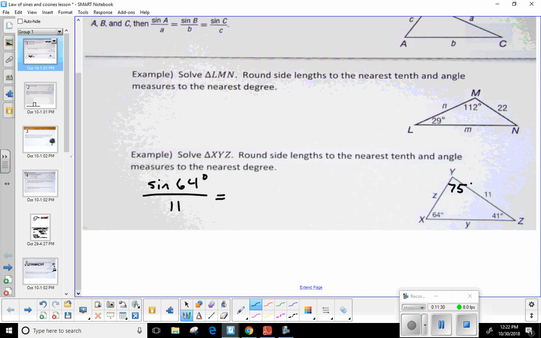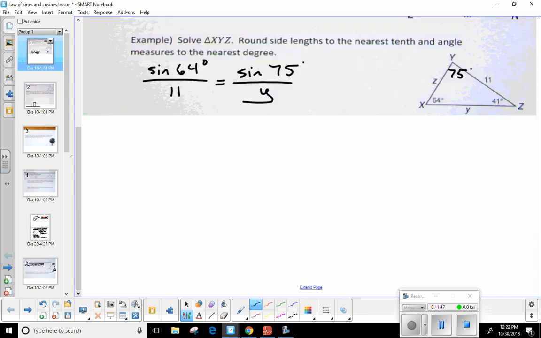So if I want to solve for Y, then I'm going to go ahead and say sine of 75 over Y. Would everybody agree? All right. So once again, is everybody okay with setting it up in the formula? Okay. Now we cross multiply.